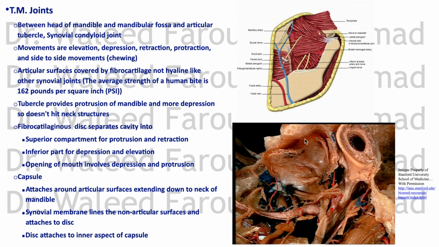No, articular surfaces are covered by fibrocartilage, other than the fibrocartilaginous disc that you see here. This big disc, see that big disc? This is the fibrocartilaginous disc inside the joint, which actually separates the joint into an upper compartment and a lower compartment, and observe it fits the shape of the head of the mandible.